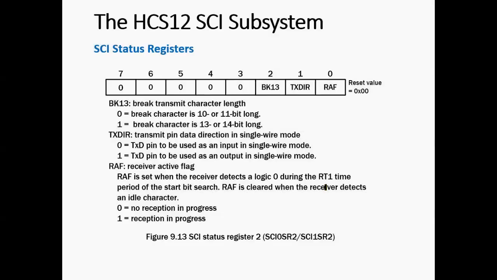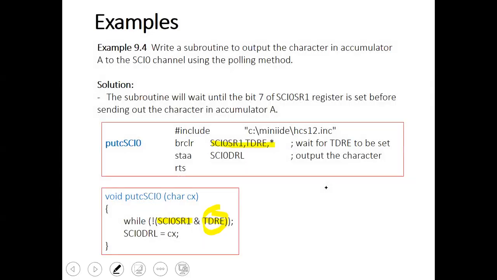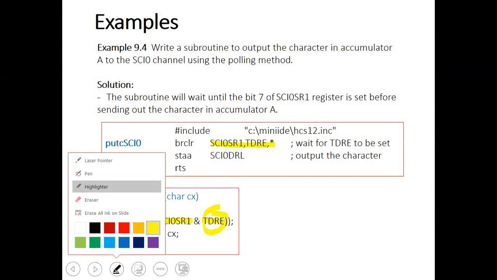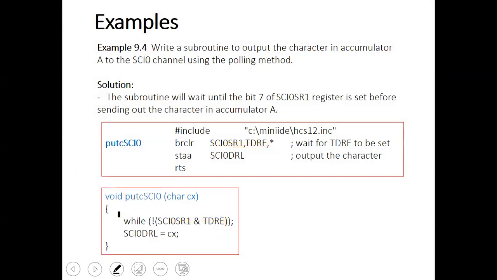This is what is done in this C statement. We are ANDing the whole register with this mask. It is defined in the include file as a constant, so it is replaced by 80.